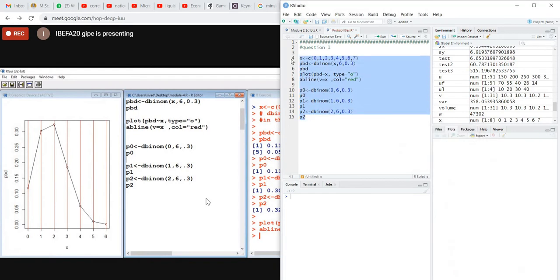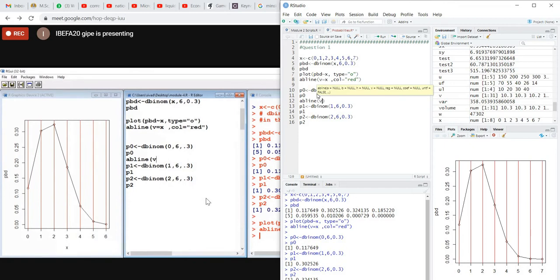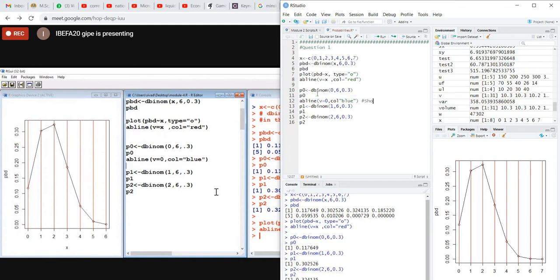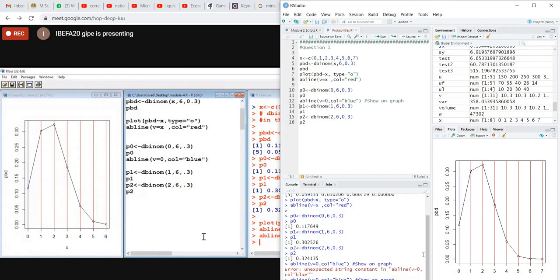I say abline, v equal to 0, comma, col, I represent blue. Can you see the blue line? Yes, sir.